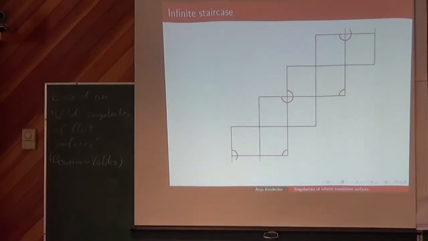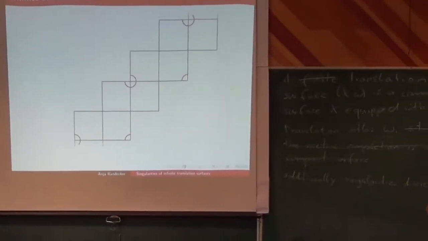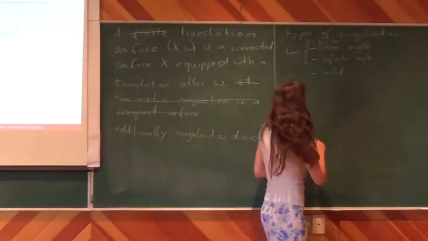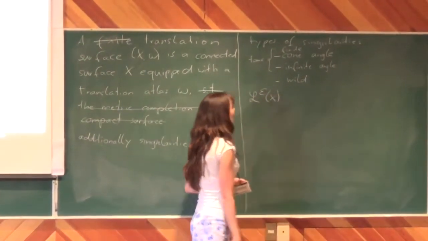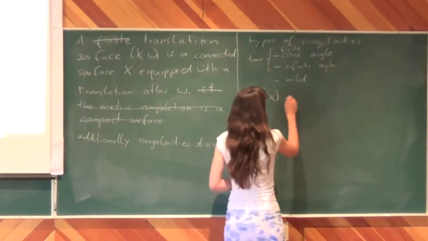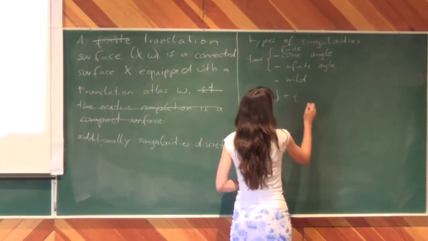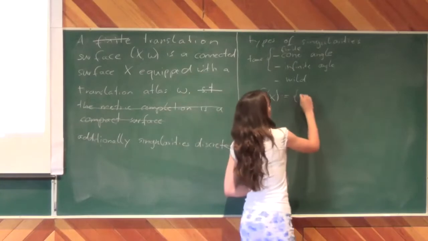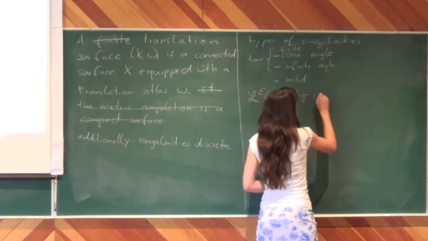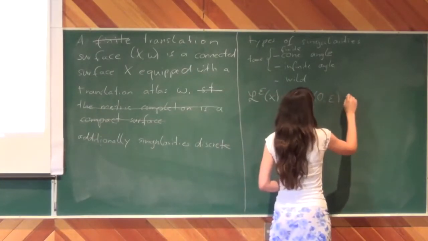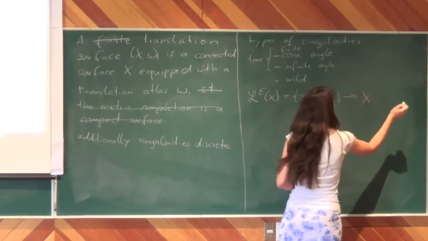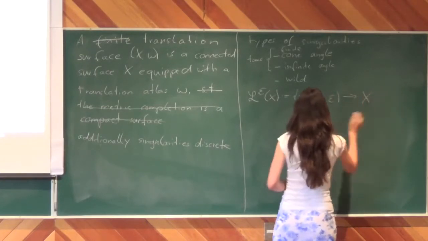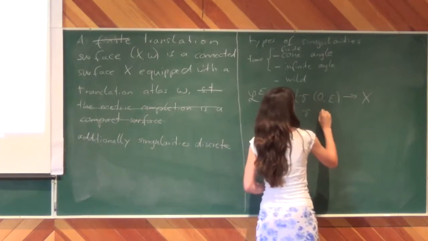We look at in which ways we can get out of the singularity, and this we describe by the space L epsilon of x, where we look at gammas, where gamma is a geodesic path.